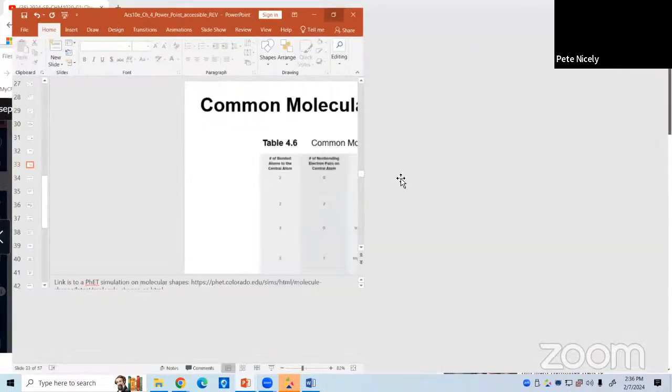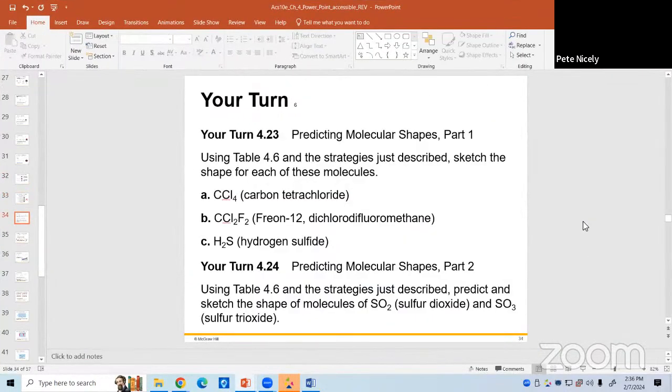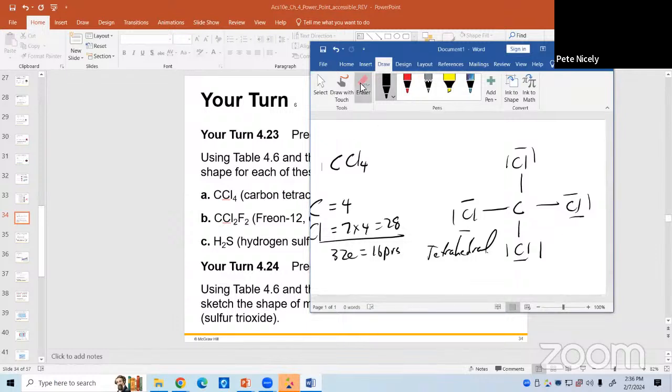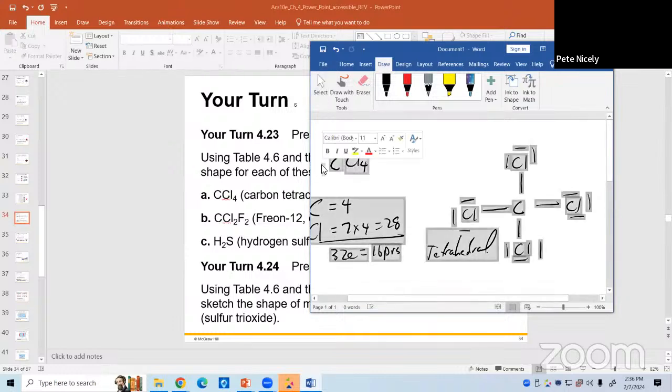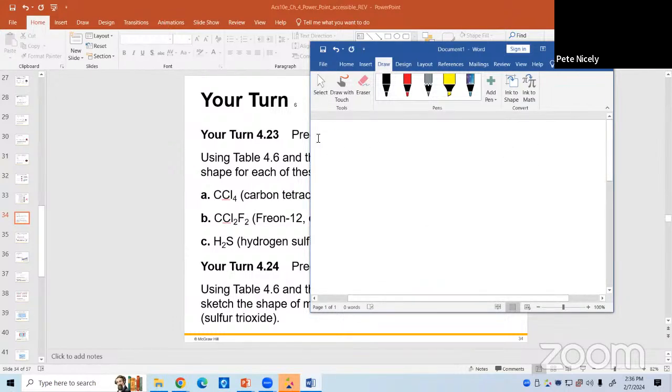And look at the next one, which is CCl2F2. So let's look at that one. So again, we determine the Lewis structure.